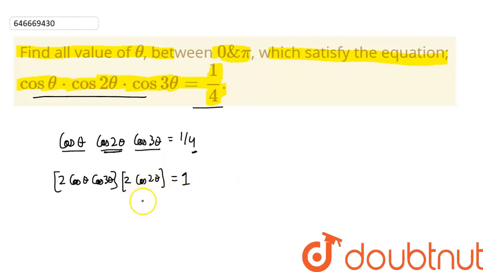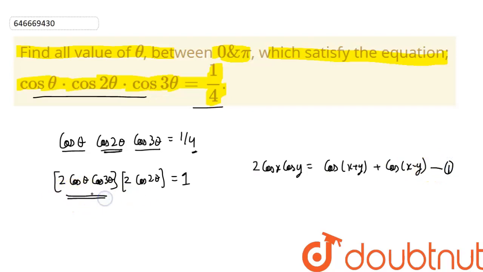Now for solving this we are going to use one trigonometric identity. We know that 2 cos x cos y is equal to cos of x plus y plus cos of x minus y. So we are going to apply this identity, and let us call this equation 1.